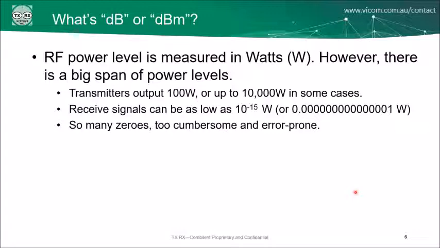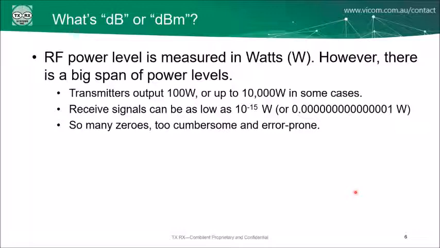The receive side of it is very weak generally because you're listening to someone that's miles and miles away. So the receive signal might be as low as 10 to the minus 15th. That's 15 zeros. Well, with so many zeros, it's hard to know whether or not you've got everything in the correct places, and you can easily make a math error.